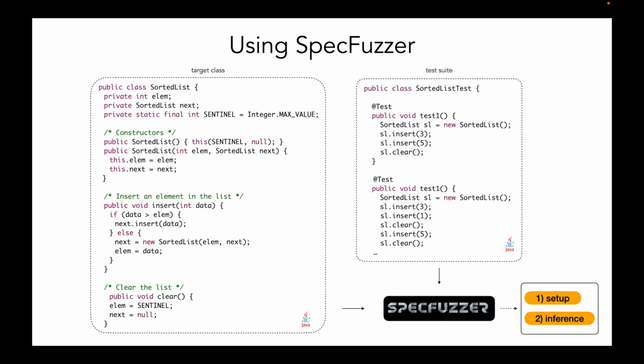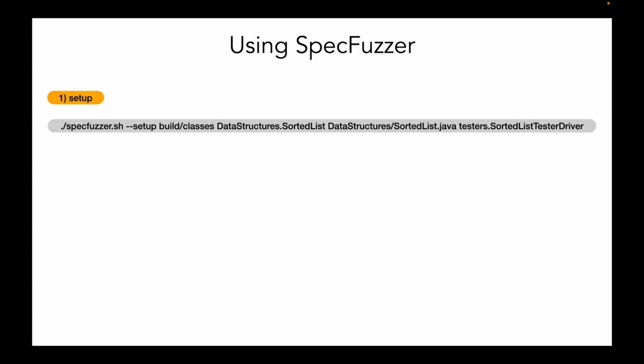To generate a class specification with SpecFuzzer, we need to perform two steps: the setup step and the inference step. Once SpecFuzzer is installed, the setup step is performed by running the SpecFuzzer script with the option --setup, which receives the target class path, the target class name and source file, and the target test suite.